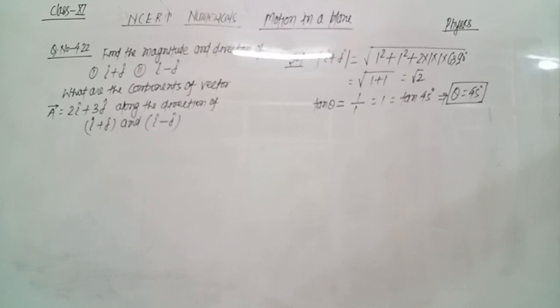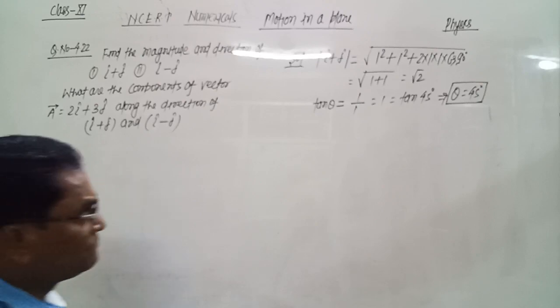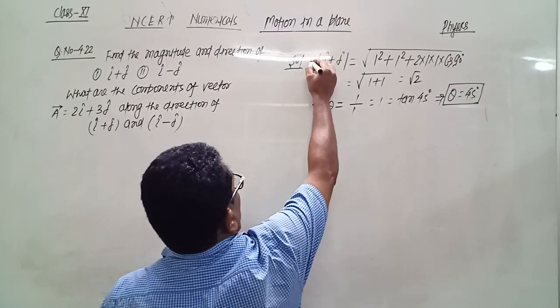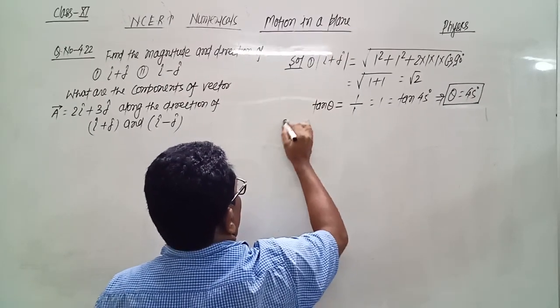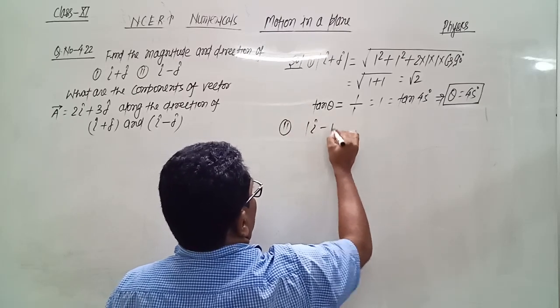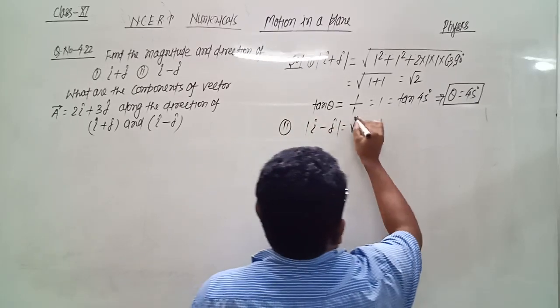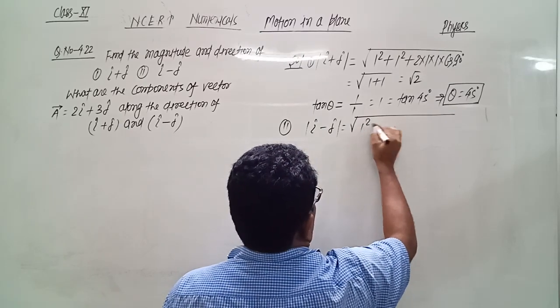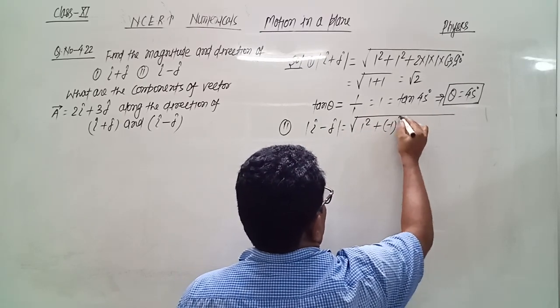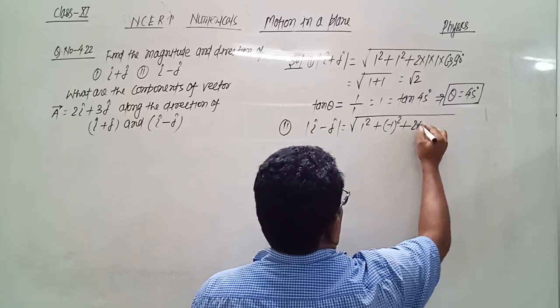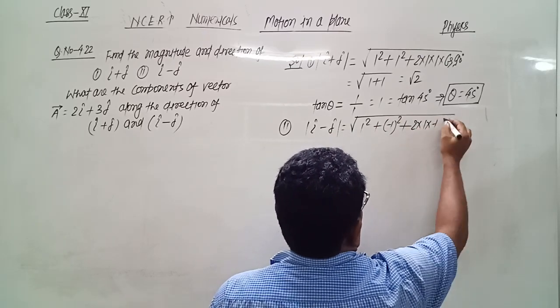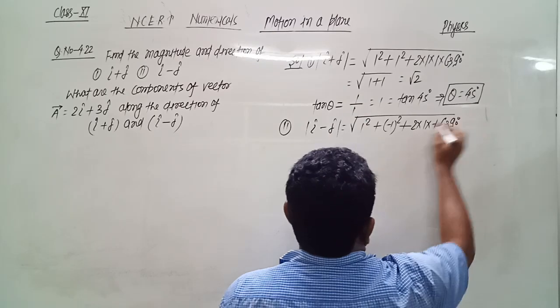Now we find the magnitude of i cap minus j cap. This was the first part. The second part, magnitude of i cap minus j cap. So coefficient of i cap is 1, coefficient of j cap is -1, plus 2pq means 2 into 1 into -1 and cos theta, theta is 90 degree.